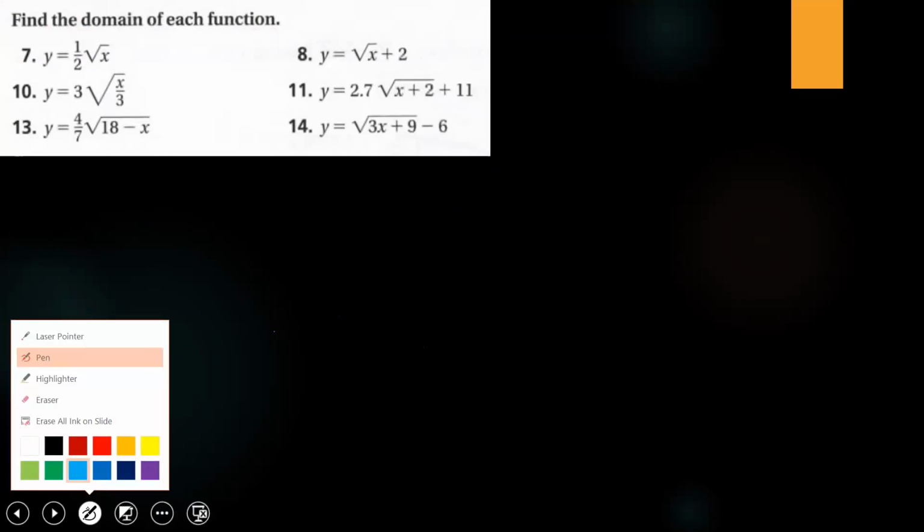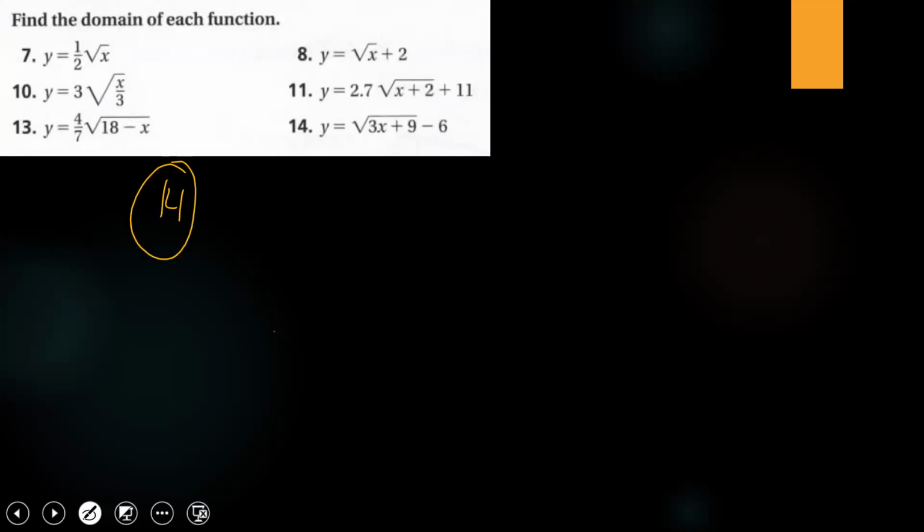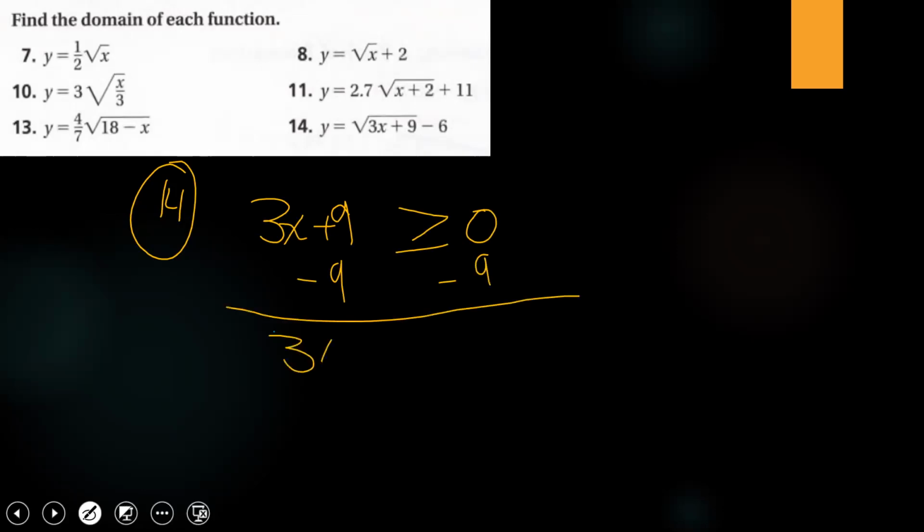Now let's solve, as an example to remember, number 14. In number 14, if I want to find the domain, what did we do? We look at the number under the square root. So I will look at 3x plus 9 only, and I must write that it is greater than or equal to 0. Then minus 9, 3x is greater than or equal to negative 9.